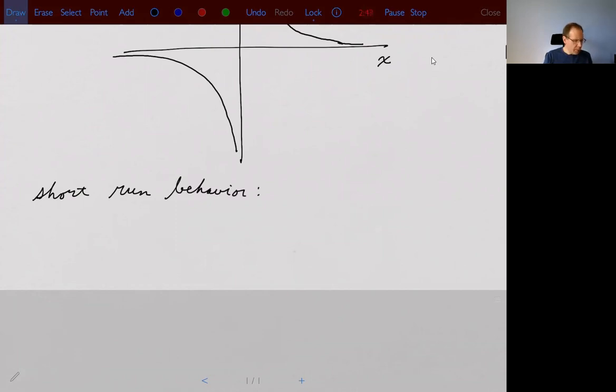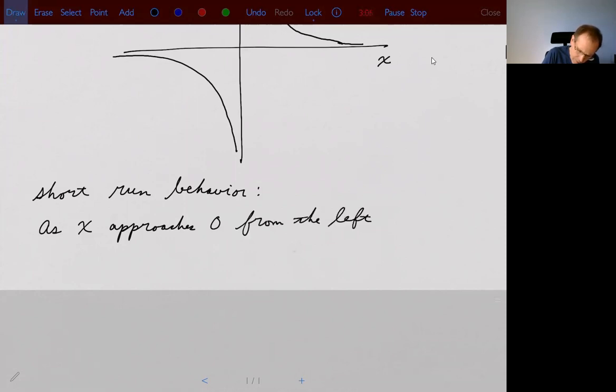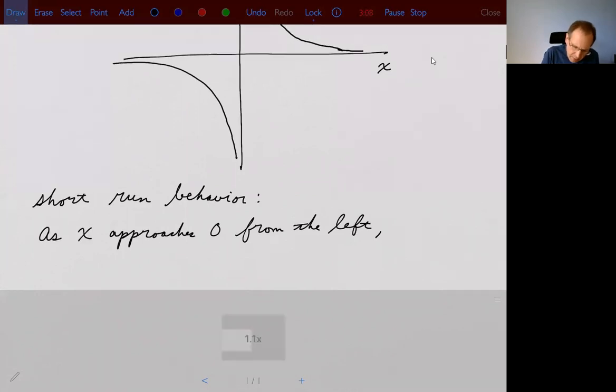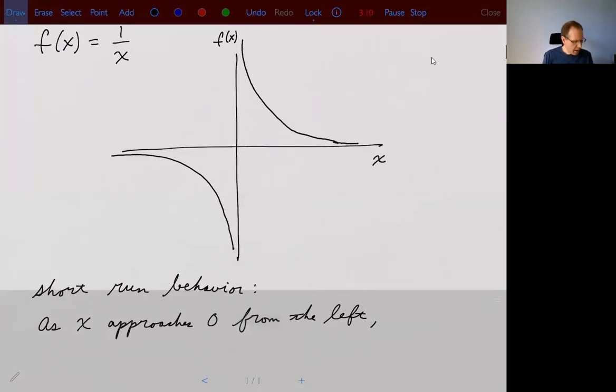Okay, so what happens as x approaches 0 from the left? Well, let's look at this picture. So as x gets closer and closer to 0, as I approach 0 from the left, what's happening with the function?